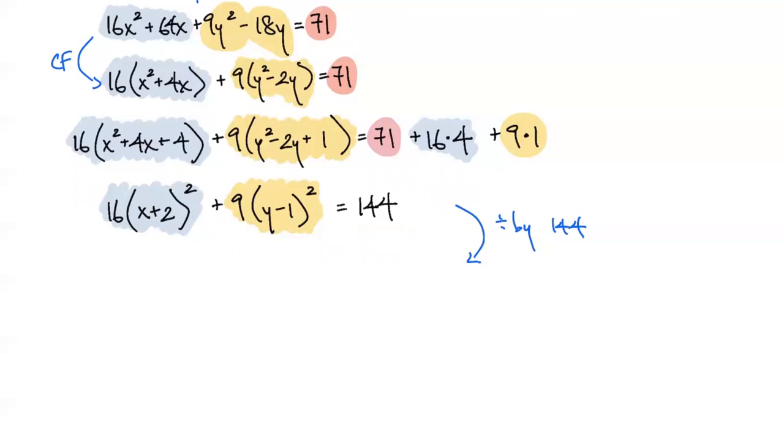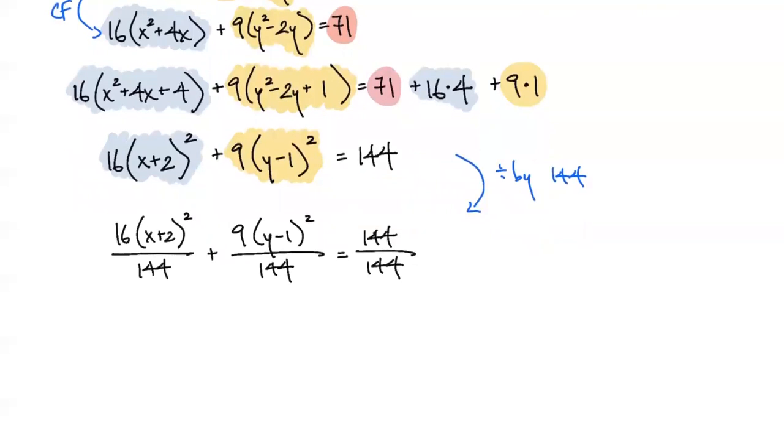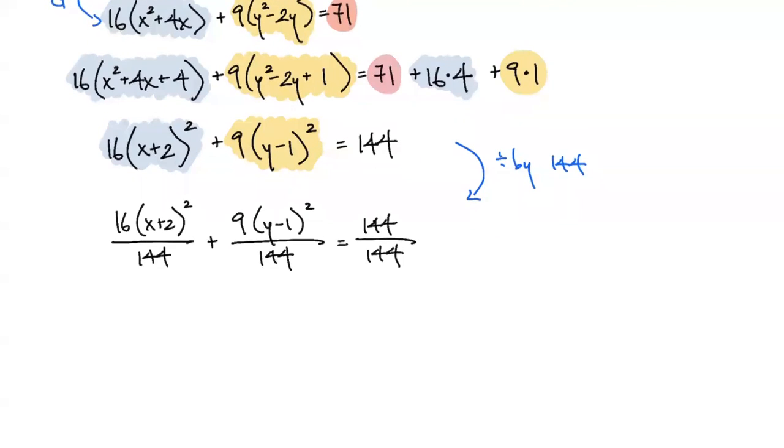So we're going to get 16 times x plus 2 squared over 144 plus 9 times y minus 1 squared over 144 equals 144 over 144, which we know is 1 because we wanted to make it that way. So now let's reduce. 144 divided by 144 gives me 1 on the right-hand side.